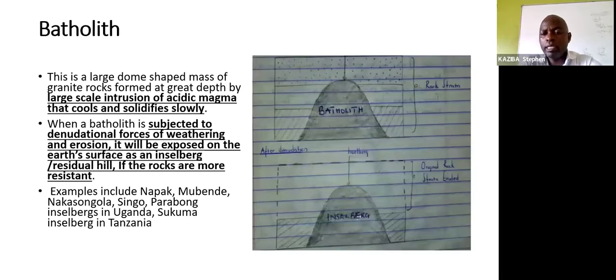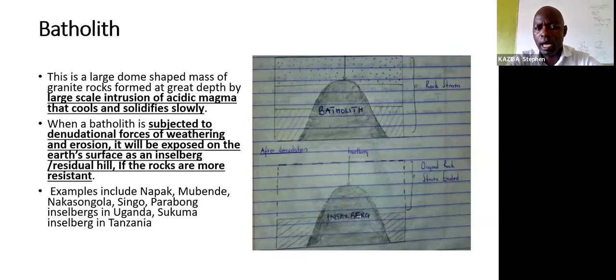Now you see that I drew two landforms. When you're drawing, make sure you put there before denudation, and then you say after denudation. So in the first one, you begin by identifying the feature. The feature is a batholith.